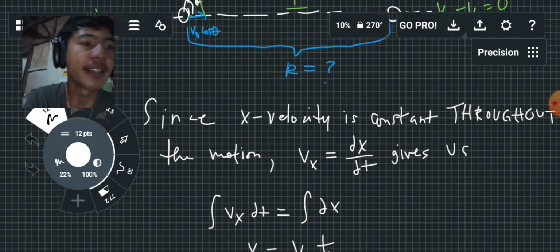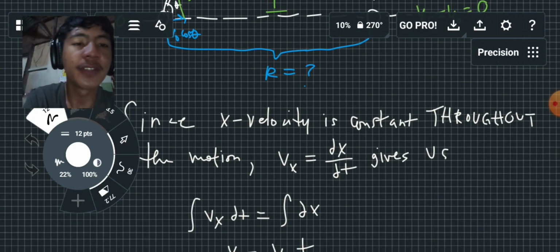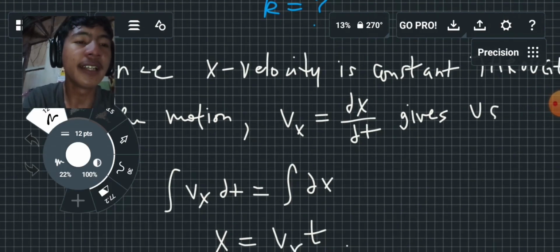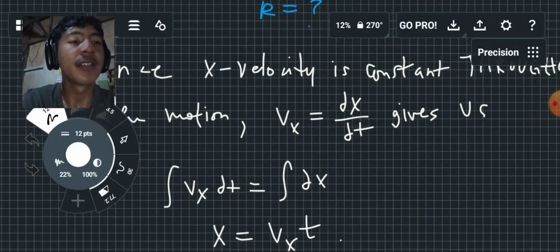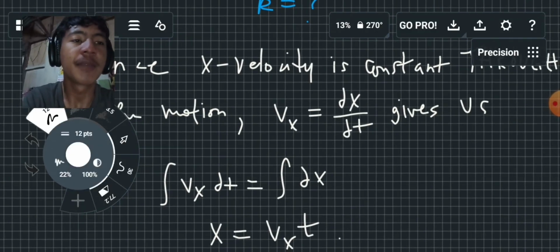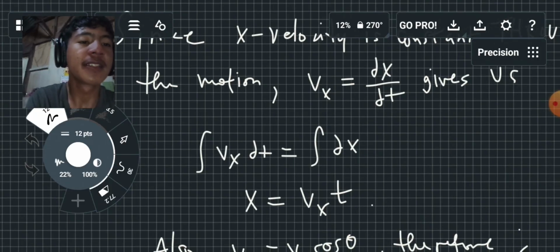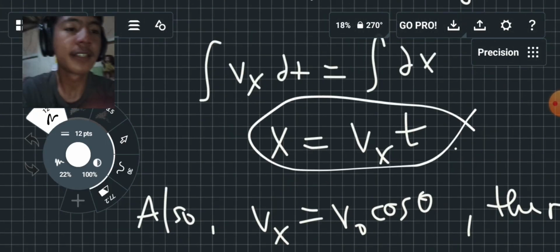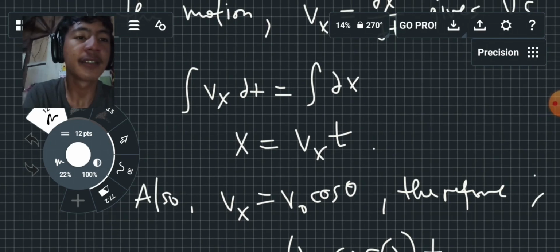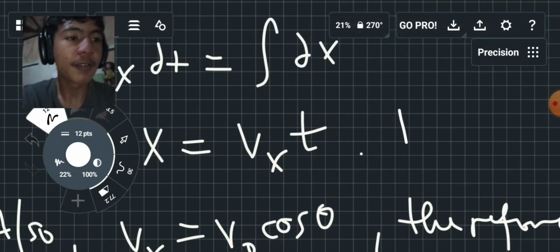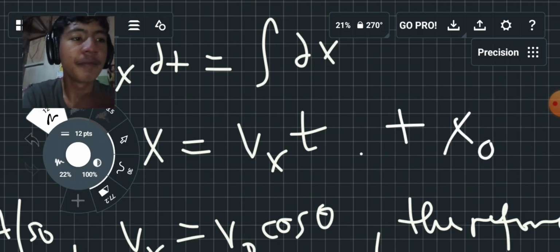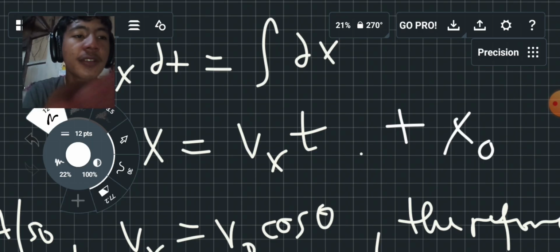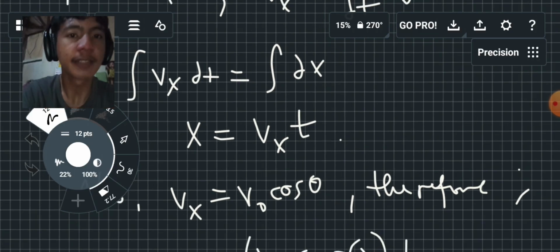Since the x velocity is constant throughout the motion, the identity that the velocity in the x direction is the derivative of x with respect to time gives us that x is vx t. Technically there would be a plus c here, or an x naught here, but in this case we just consider that as 0.